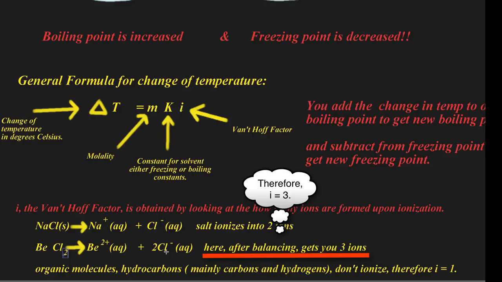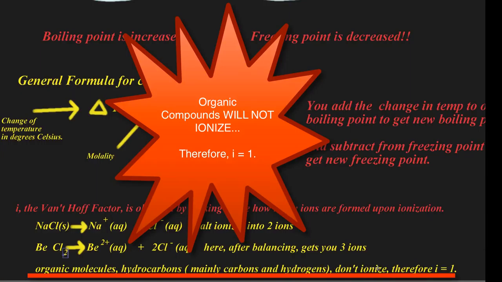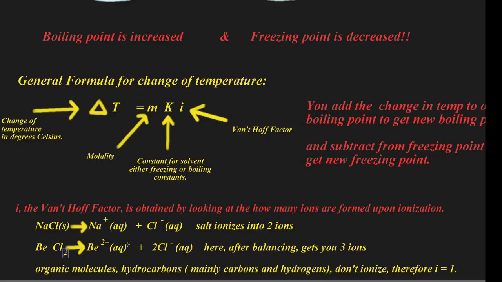So the Van Hoff factor would be 3 here. Organic molecules, hydrocarbons, things containing mainly carbon and hydrogen that will not ionize will have a Van Hoff factor of 1. All right. You'll see this again in osmotic pressure, so make sure you pay attention to this.